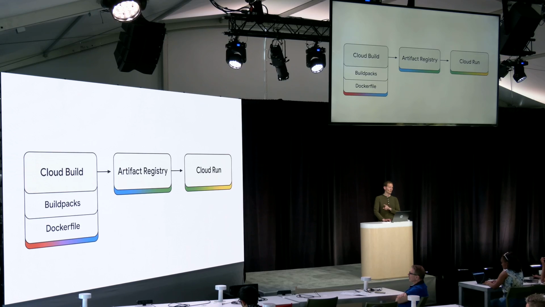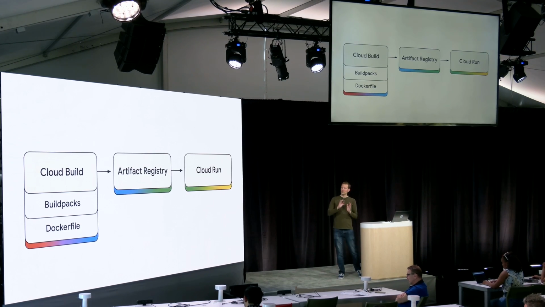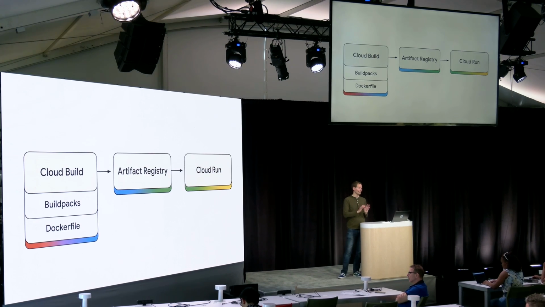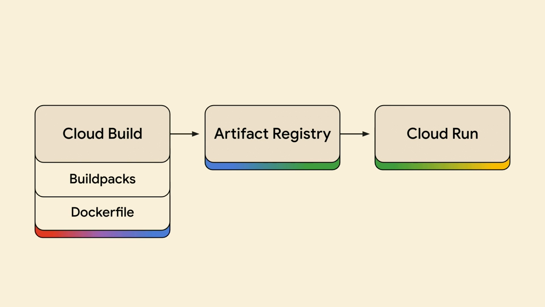And I think this one's really cool because it's going to allow me to show you another way that Cloud Build can deploy things. And that is with Docker files. So if you would like Cloud Build to figure everything out for you, if you'd like it to magically figure out what your application is and how to deploy it, just throw your code over there and BuildPacks will do it.